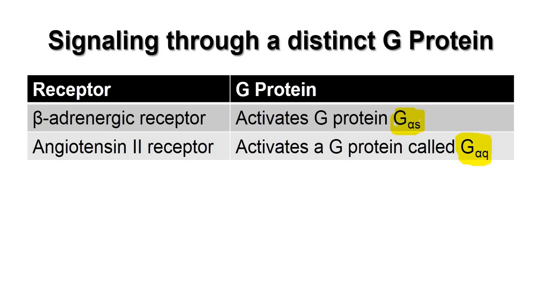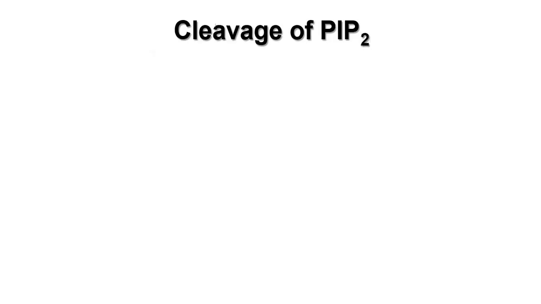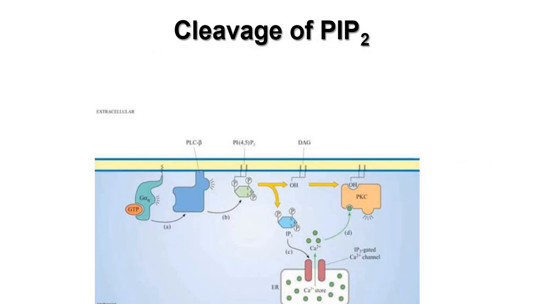So let's go to the very first step of the phosphoinositide pathway. The first step is cleavage of PIP2. This is the diagram. We have the membrane bound enzyme phospholipase C beta.